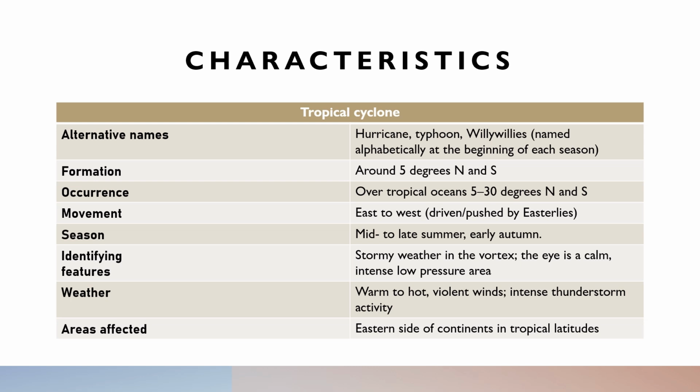When we are talking about the weather, it's warm to hot with violent winds and intense thunderstorm activity, and the areas affected are the eastern side of the continent in tropical latitudes. It means near the equator, from 5 to 30 degrees. That's the tropical latitudes.